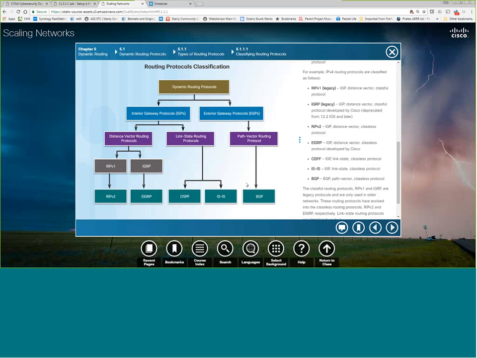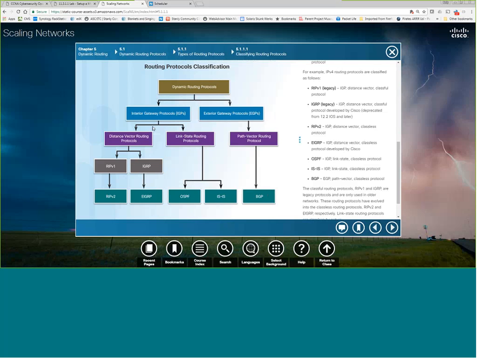This protocol is a great deal of the focus of CCNP Route, and it's one of those protocols that is extremely powerful and also extremely dangerous. So you can cause some major issues with BGP if you're not careful. But we'll talk a little bit about path vector routing protocols, BGP, as we move forward.